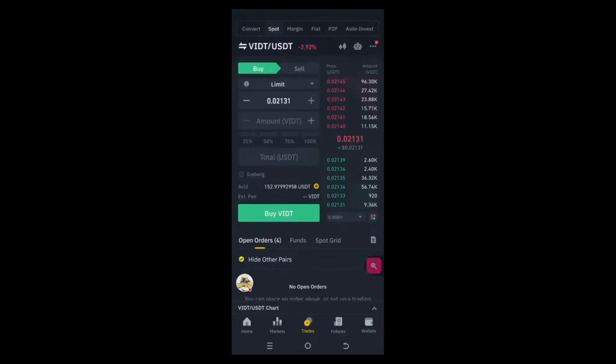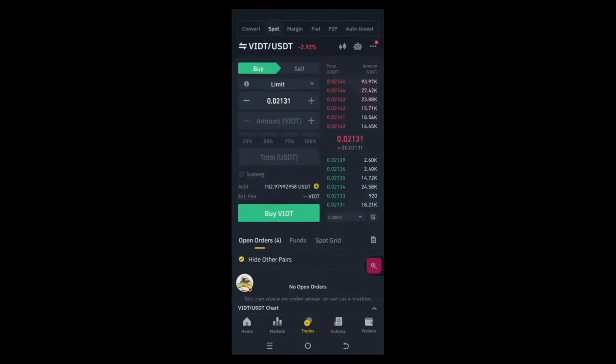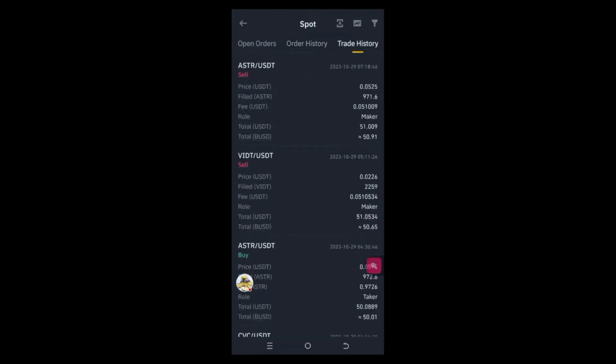We're currently on VIDT, as you can see here, and this trade executed almost 2 hours after we picked the trade. Because this happened a couple of hours ago, let me open up the trade history so that we can see it and look at the different points and metrics.